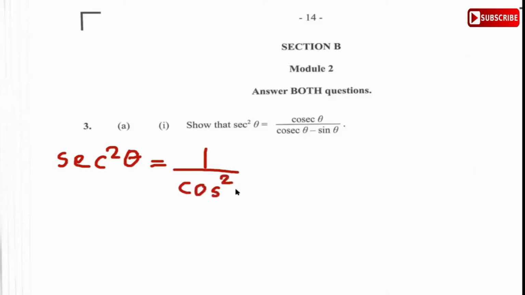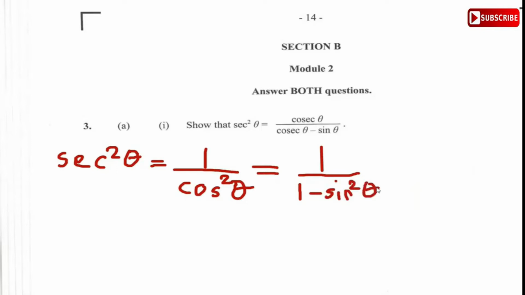But since everything is in terms of cosec and sine, I'm going to change cos squared to 1 minus sine squared. So it becomes 1 over 1 minus sine squared theta.